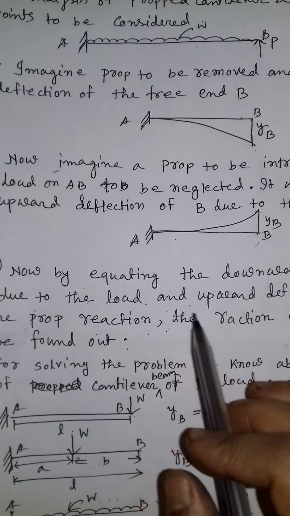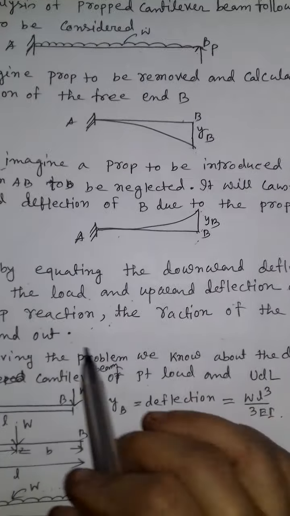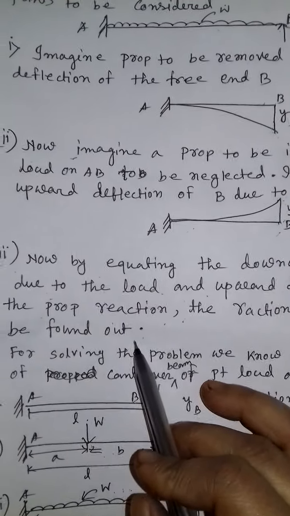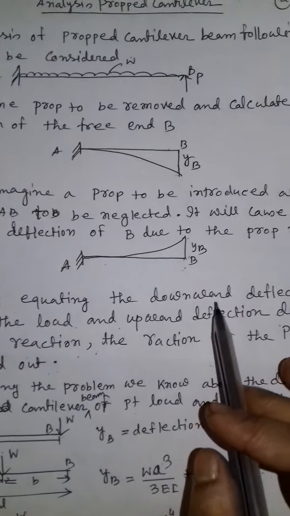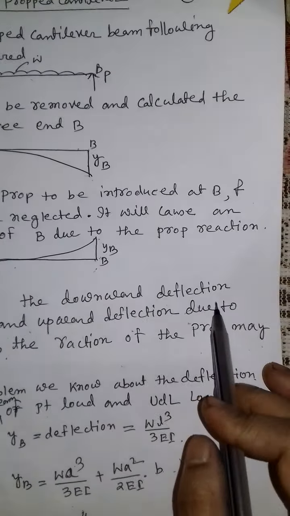Then from that we get the reaction of the prop. That is, by equating the downward deflection due to the load and the upward deflection due to the prop reaction, the reaction of the prop may be found out.